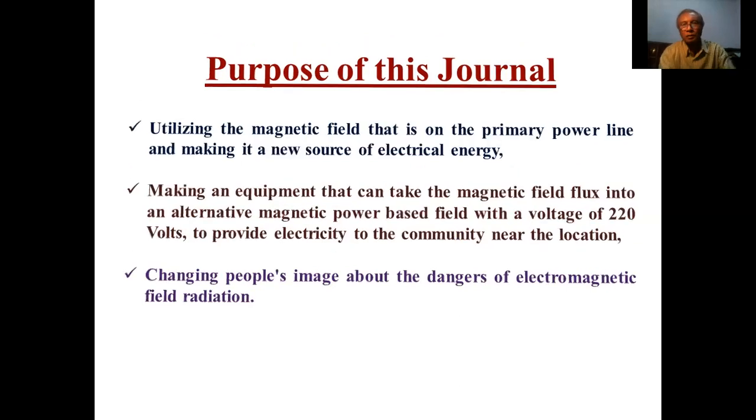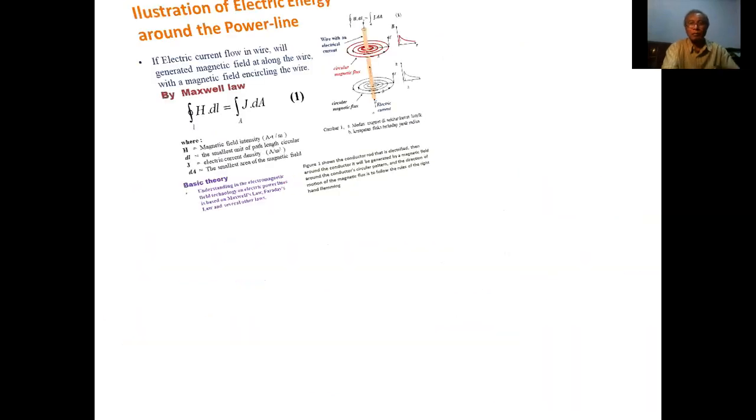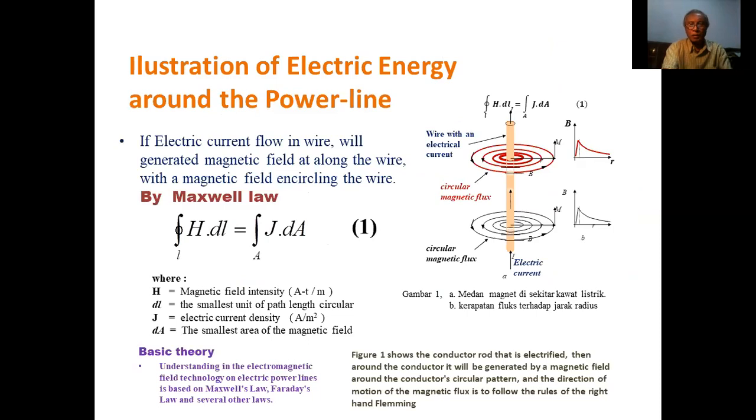Next is the basic theory for understanding the electromagnetic field technology of electric power lines, which is based on Maxwell's laws, Faraday's laws, the Biot-Savart law, and several other laws.